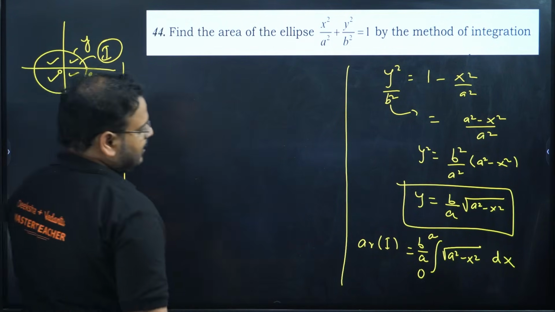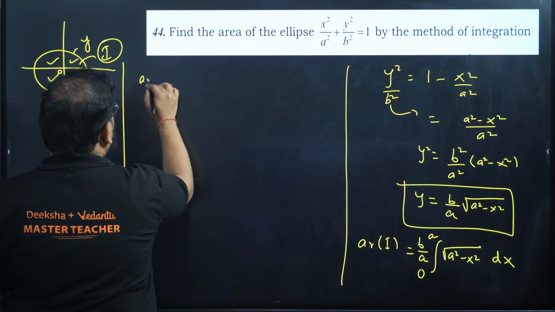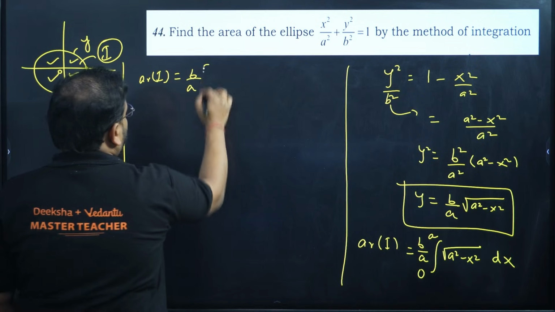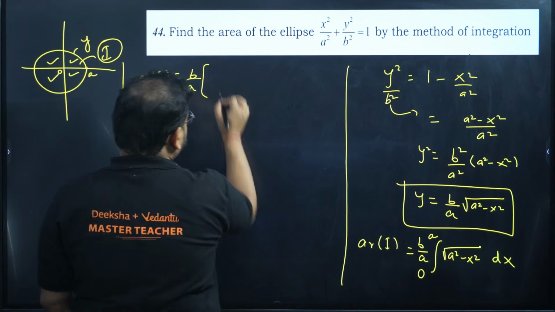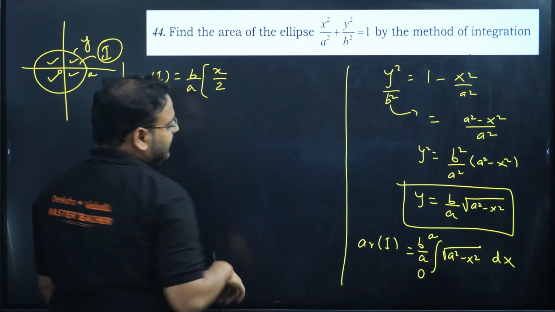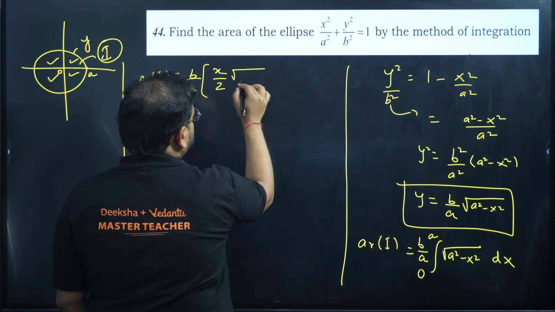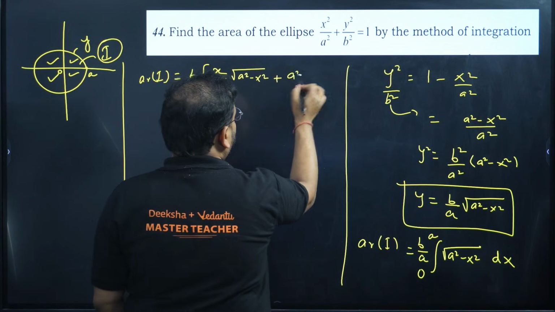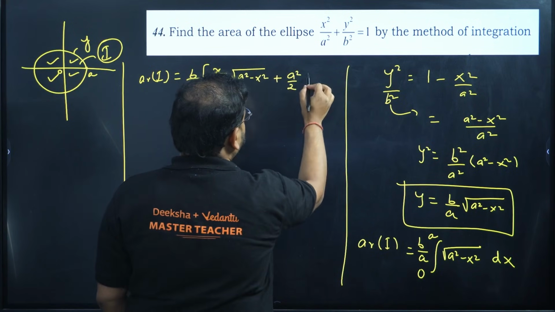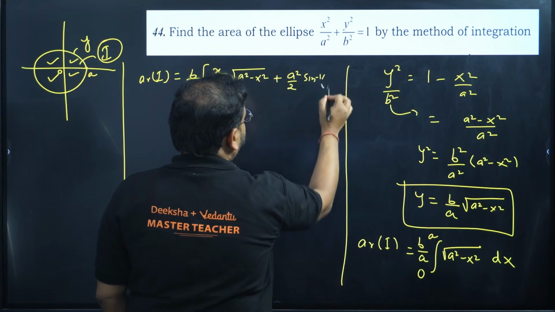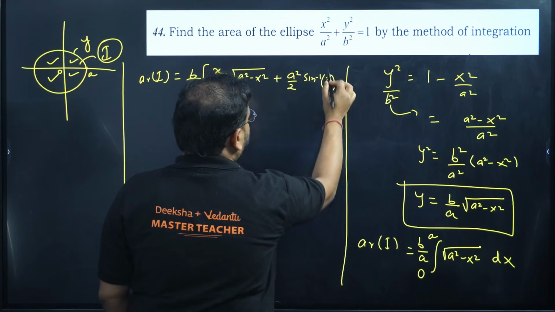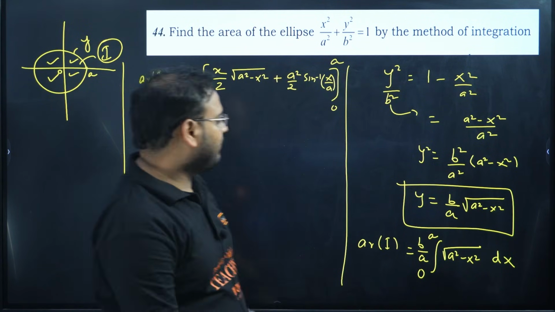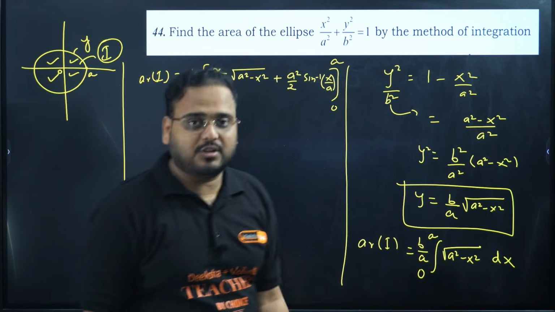So the area of part 1 will be given by b by a, the constant outside, times the integration of this, which will be x by 2 times the same root repeating, plus a square by 2 times the sine inverse of x by a, under the limits 0 to a. That's the integration of root of a square minus x square, particular function.